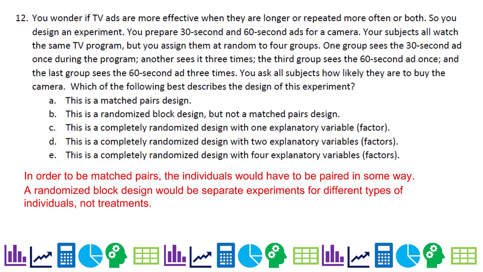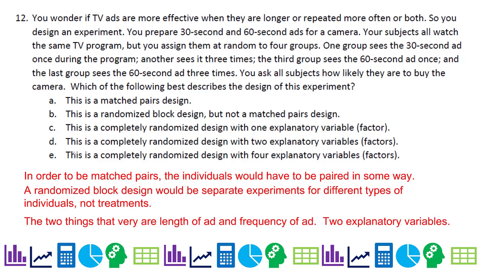That could be a randomized block experiment. But having different types of ads is really different types of treatments. The 2 things that vary are length of ad and the frequency of the ad. So that means we have 2 explanatory variables. So this is a completely randomized design with 2 explanatory variables.